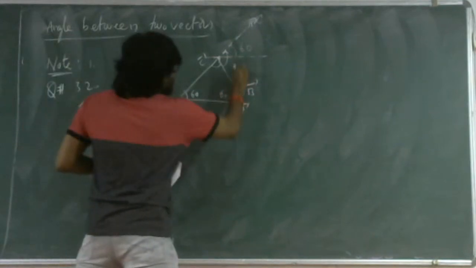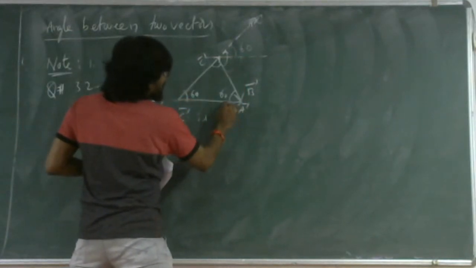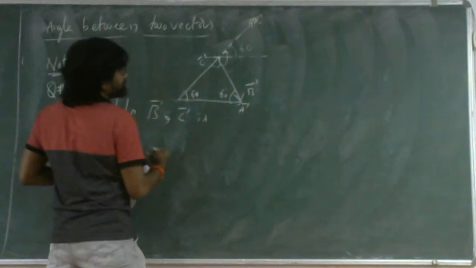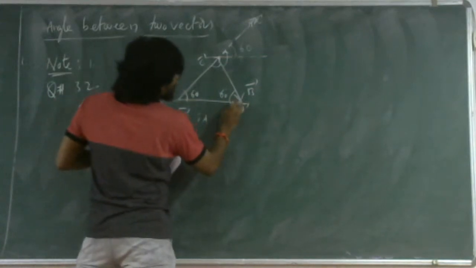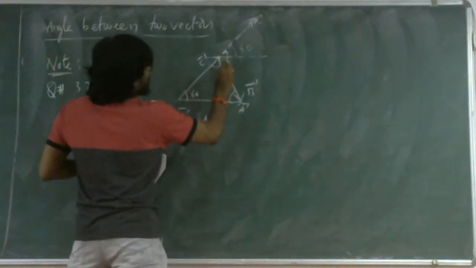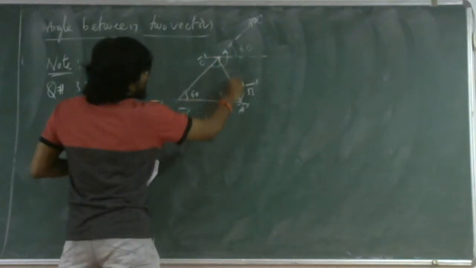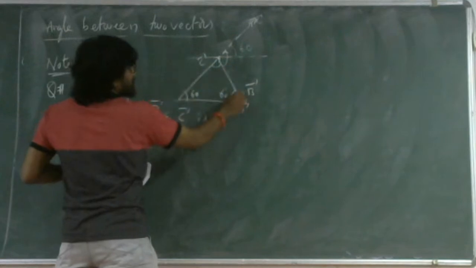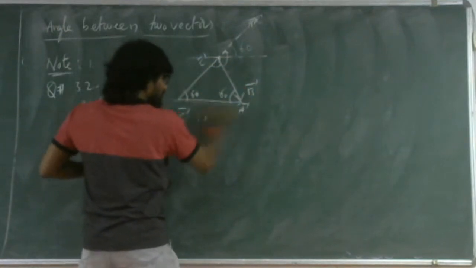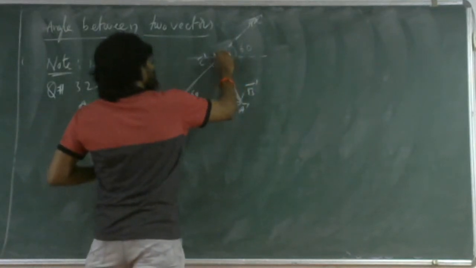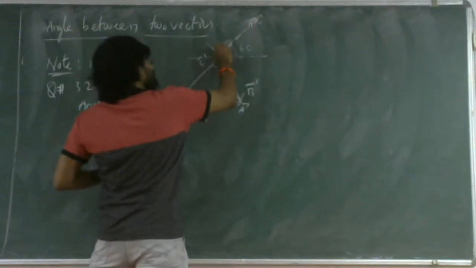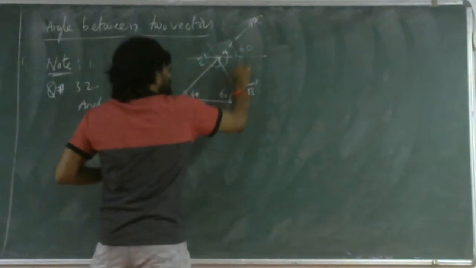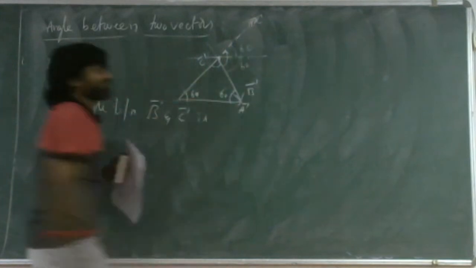Next. So here, what is this angle? If you observe, what is the angle between this vector and the horizontal? Here, the angle between this and the horizontal is 60. If you extend this, this is 60, which means the opposite angle also will be 60 only.